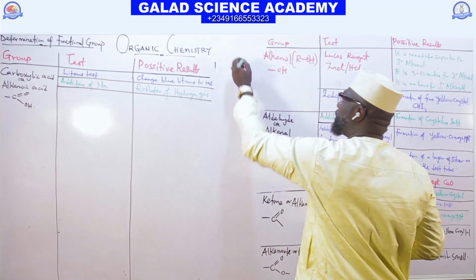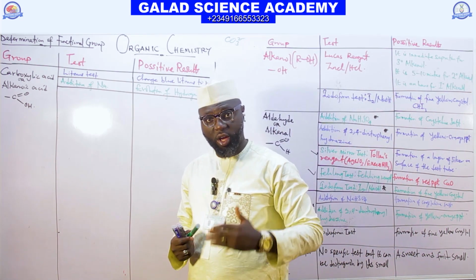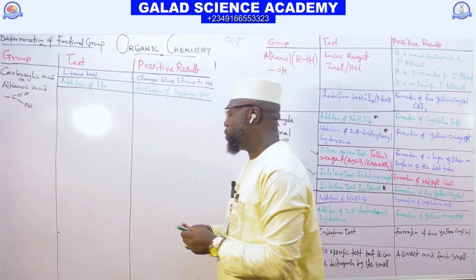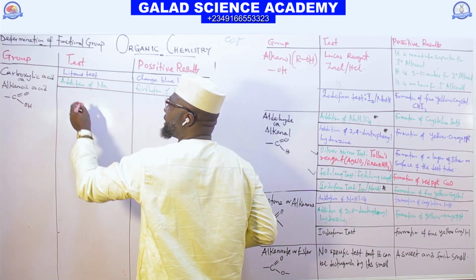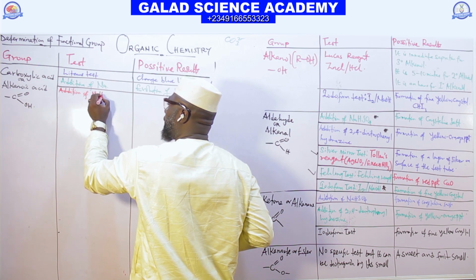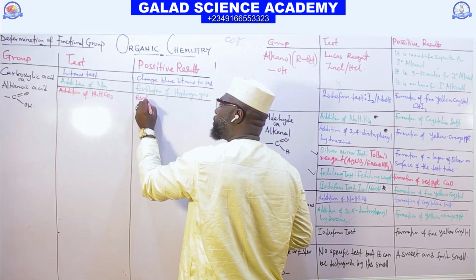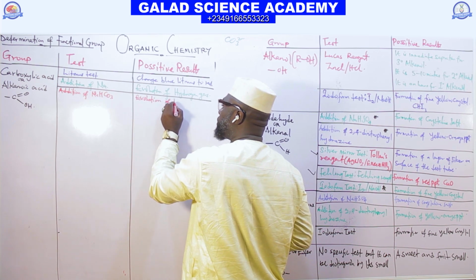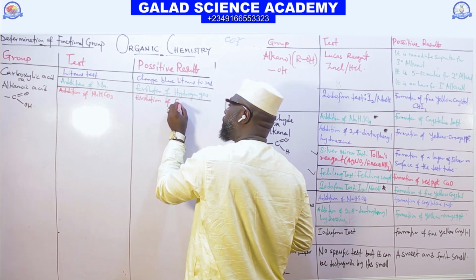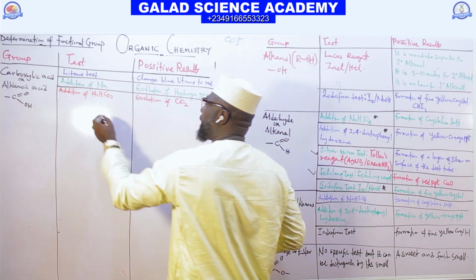When any carbonate salt reacts with acid, there will be the effervescence of CO2, which turns lime water milky. So if you add sodium hydrogen carbonate into the carboxylic acid family, there will be evolution of carbon dioxide, which turns lime water milky.